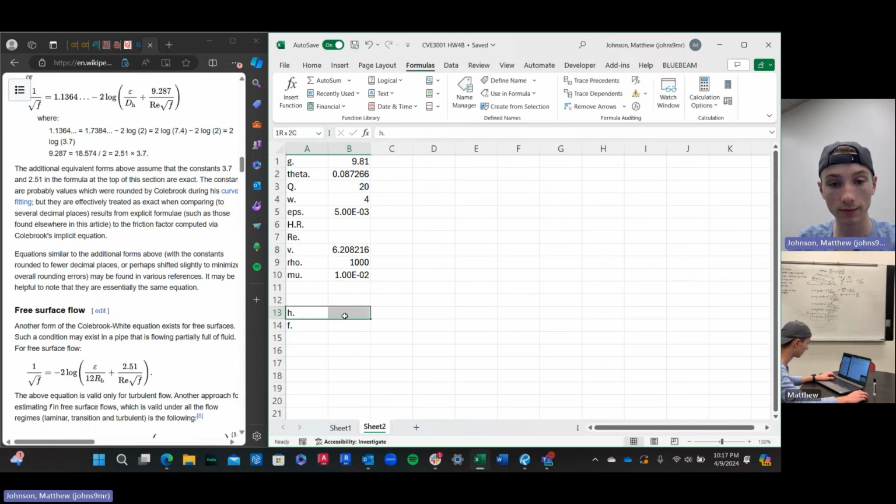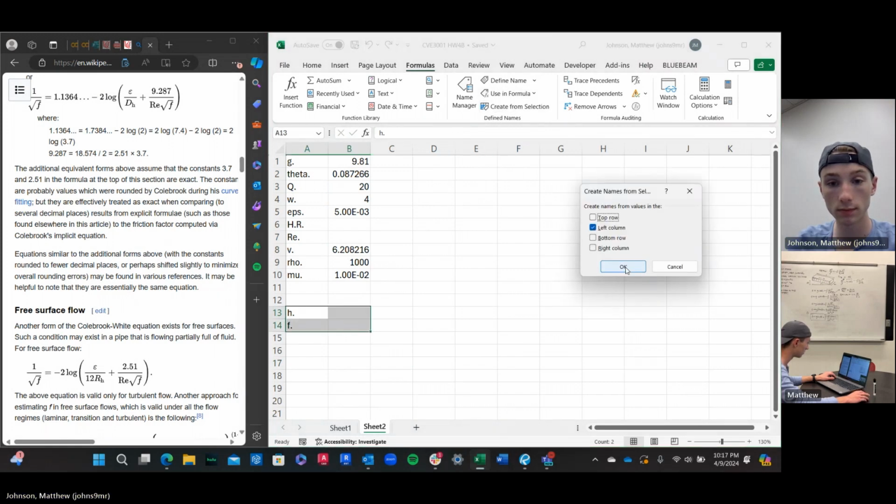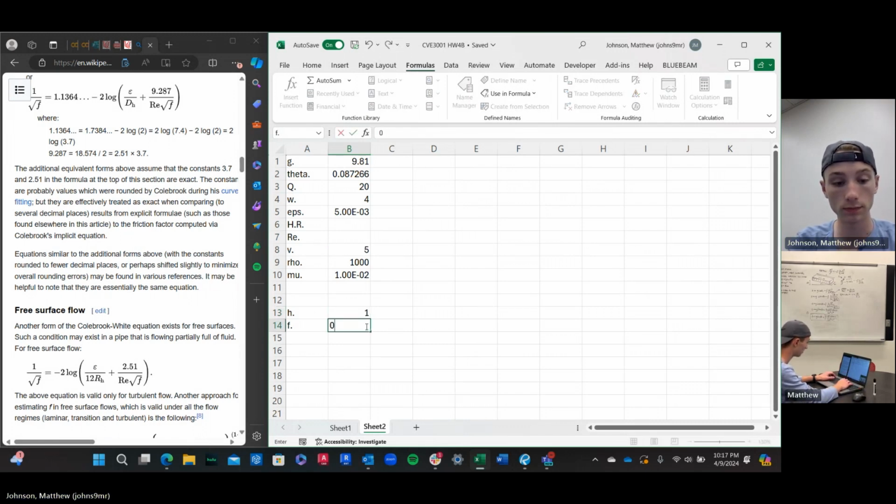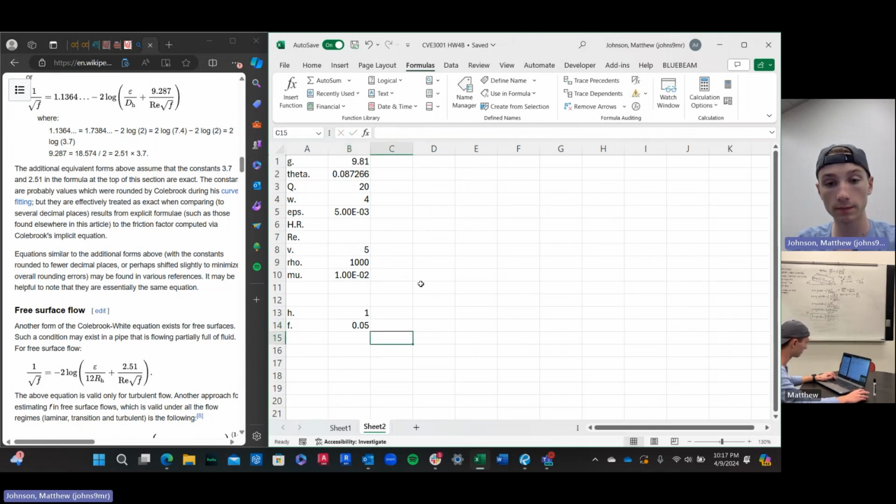I didn't actually define H, and now it's not going to work yet. Eventually we'll have to make an initial guess for these. So I'm just going to put like 1 meter in here and 0.05 or something like that in. Okay, so we've supplied some initial guesses there, and then it's calculating the velocity now.